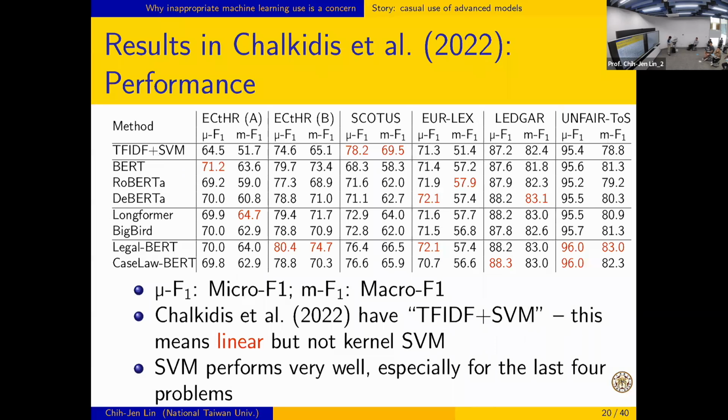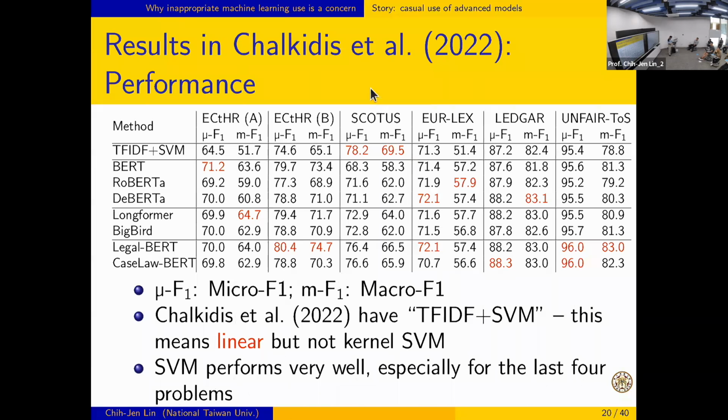I assume you know something about TF-IDF. That means you use a bag of words model, you generate lots of numerical features, and then you use the linear classifier to do the training. In terms of that, from this table, this linear SVM performs very well, especially for the last 4 problems.